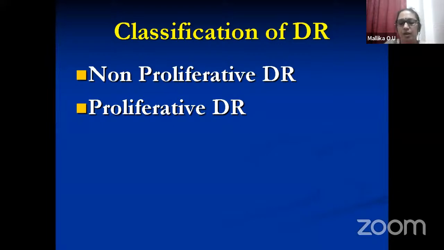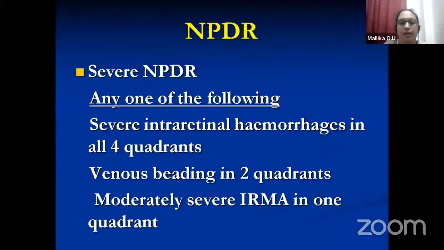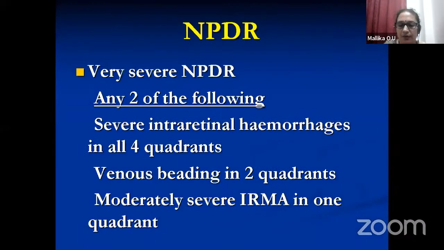So diabetic retinopathy is broadly classified into non-proliferative diabetic retinopathy and proliferative diabetic retinopathy. First is the mild to moderate, or you can just consider it as a mild diabetic retinopathy. Second is moderate, third is severe, and fourth is very severe.